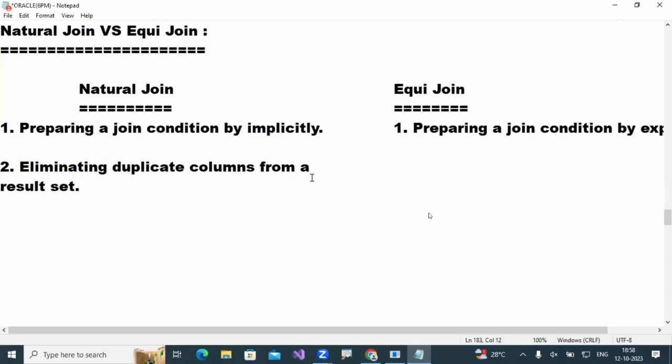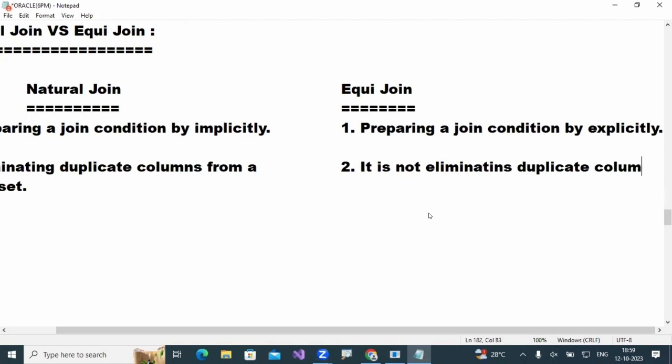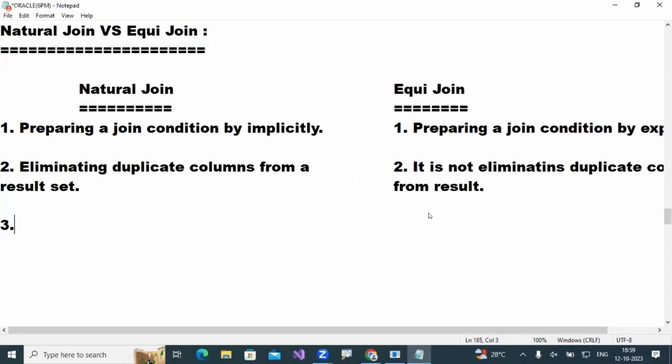Here, it is not eliminating duplicate columns from the result set.